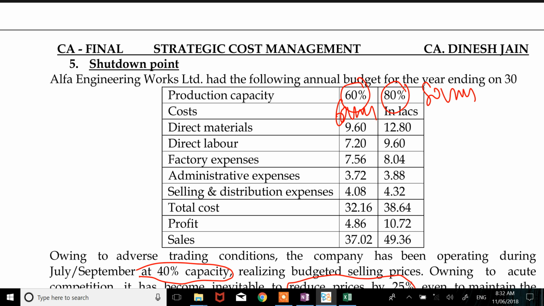VC per unit is rupees 16,000. Write a similar explanation for direct labor.